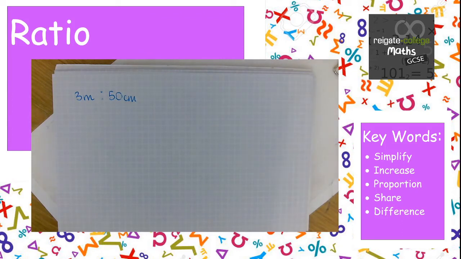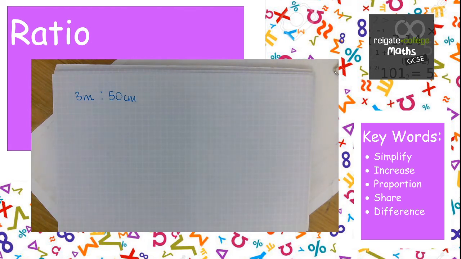It's worth mentioning at this stage that a ratio has to be in the same units. Here I have a ratio of the length of a window to its width, but as you can see, the length of my window was measured in metres and the width was measured in centimetres. So a true ratio has to be in the same units.